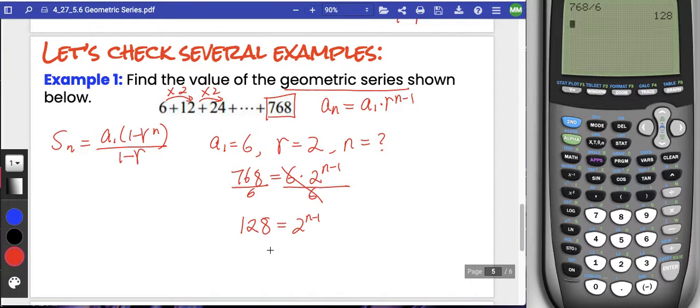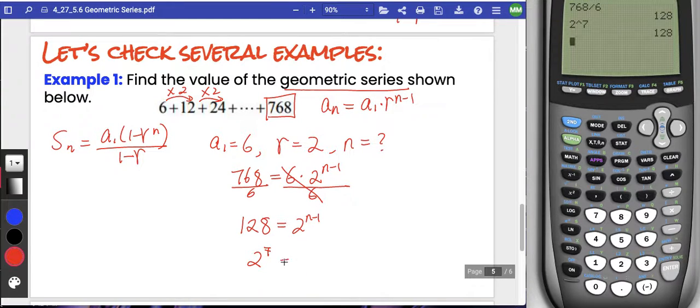And we know 128 is the same as 2 to the 7th power. If you are not sure, you can double check 2 to the 7th power: 2 times 2 times 2, seven times, is going to be 128.